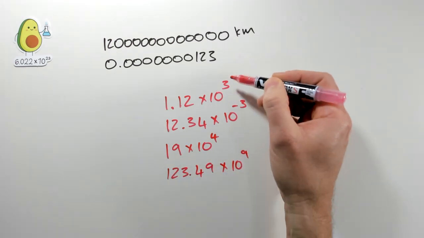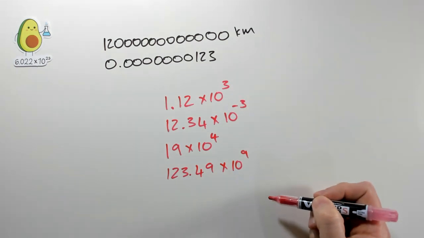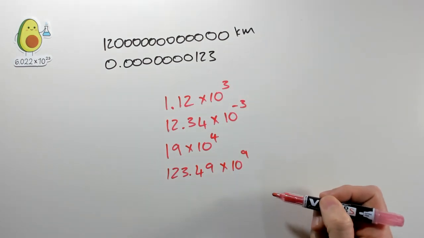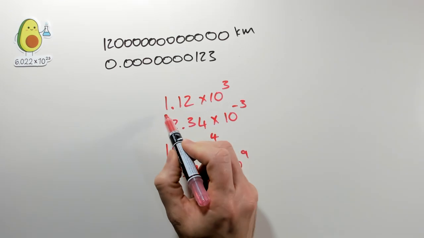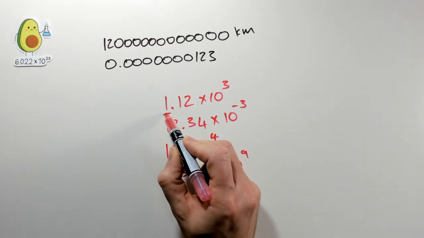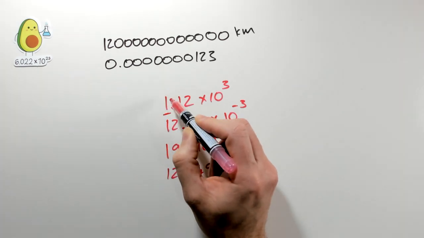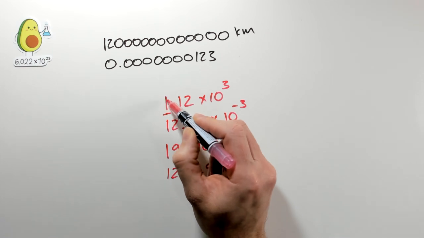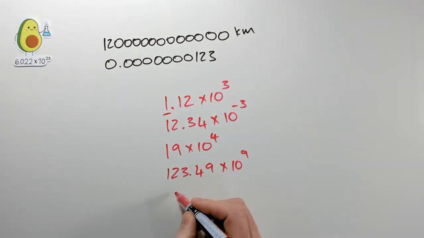Okay, so I wrote four examples here, and only one of them is in standard form. So standard form is when I only have one digit here in the units position. So this unit has to be 1 to 9. It can be, let me write another example of what it's not.